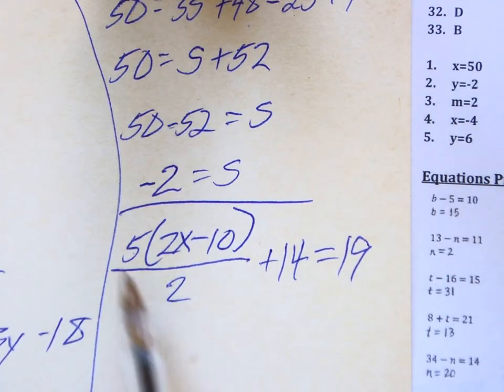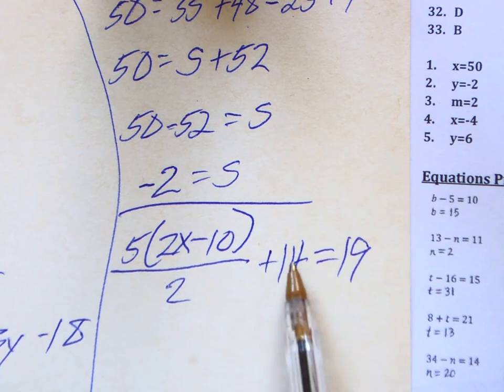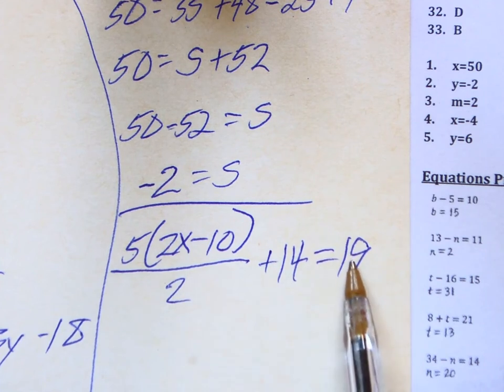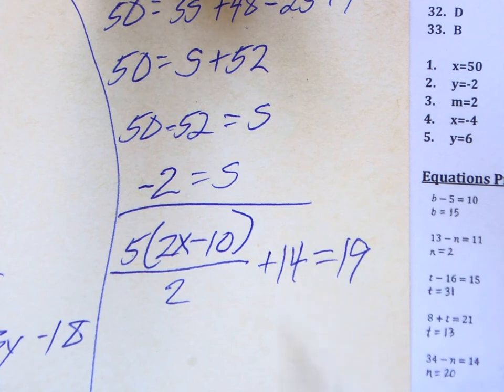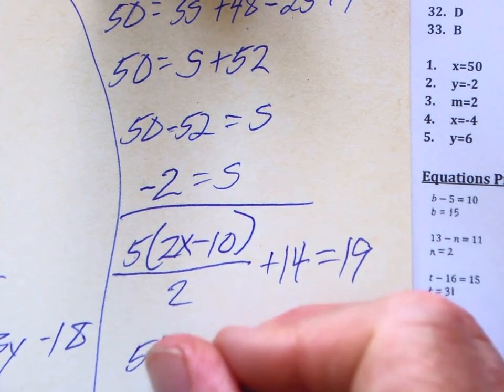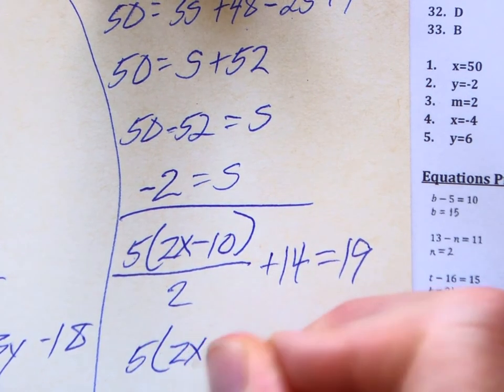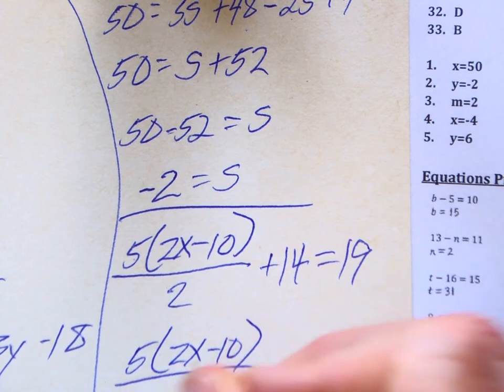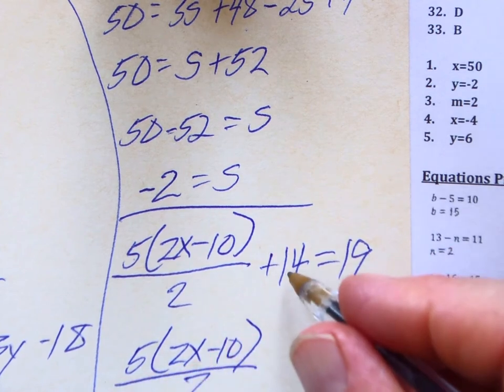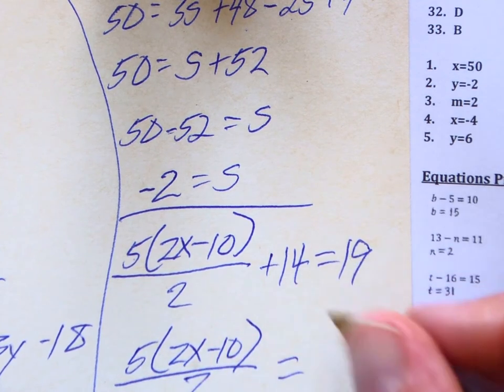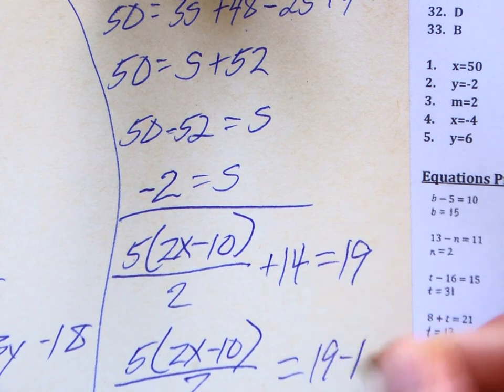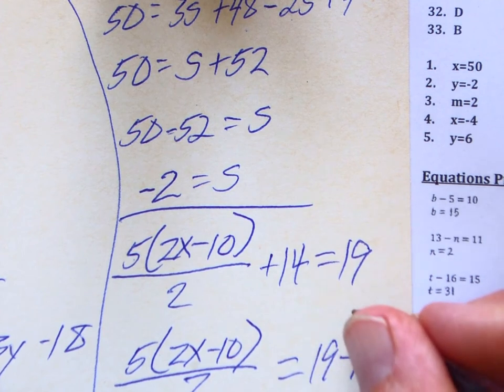If you multiply 2, you'll get rid of that 2, but you'll have to do 2 times this and 2 times that. Let's get rid of the 14 first, okay? So that'll give me 5 times 2x minus 10 still, divided by 2. But I'm going to subtract 14. So that'll disappear. That means this side is 19 minus 14, which is going to be 5.